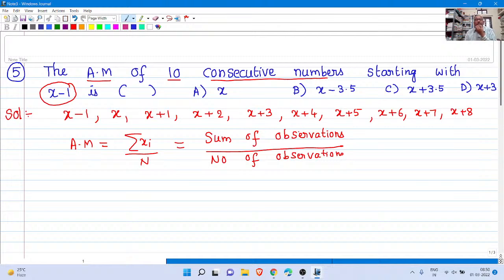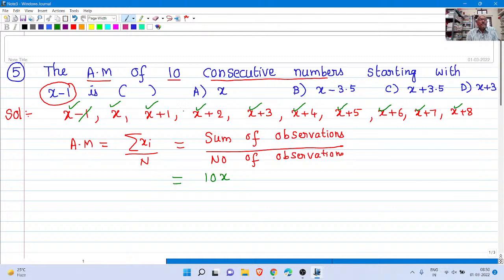So we need to find the sum. How to find the sum? My dear students, sum means how many x's? 1, 2, 3, 4, 5, 6, 7, 8, 9, 10 x's. So we get 10x.